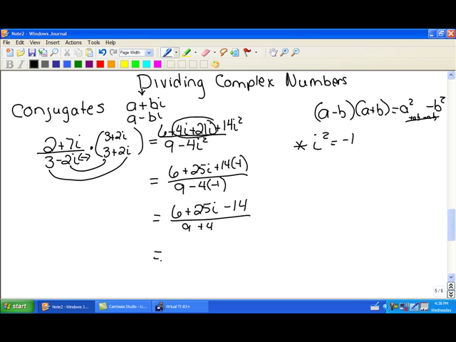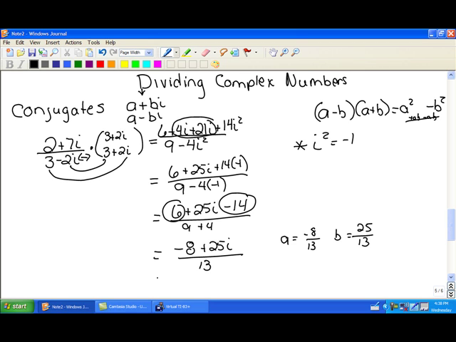One last step in cleaning that up, combining the real parts. On the top, a 6 and a negative 14 will make a negative 8, plus that 25i. On the bottom, 9 plus 4 will be 13. Now, you can leave it sandwiched up for this, but if you were talking about the a plus bi form, your a would be negative 8 over 13, and your b would be 25 over 13.